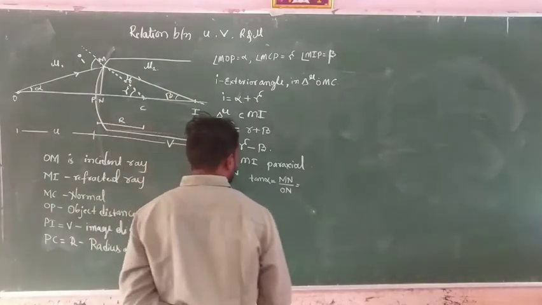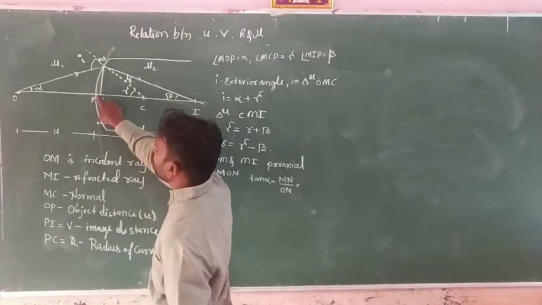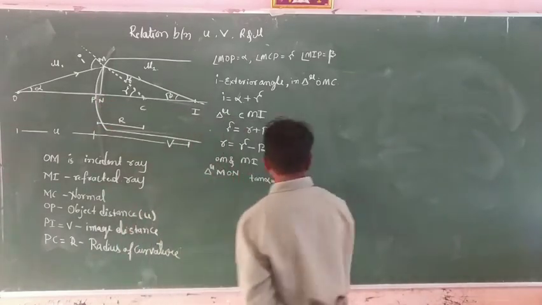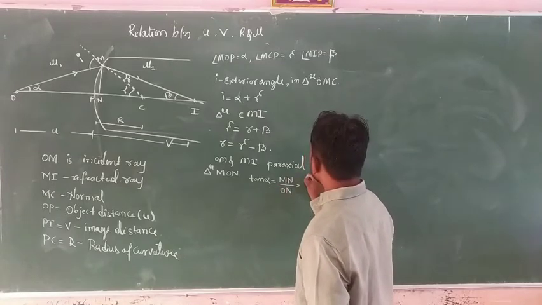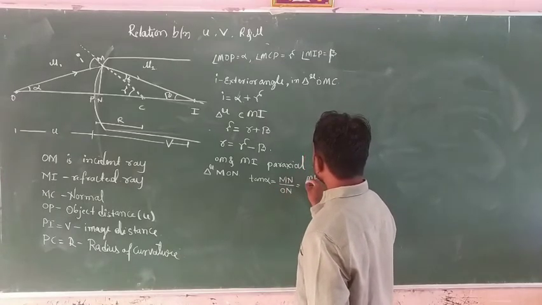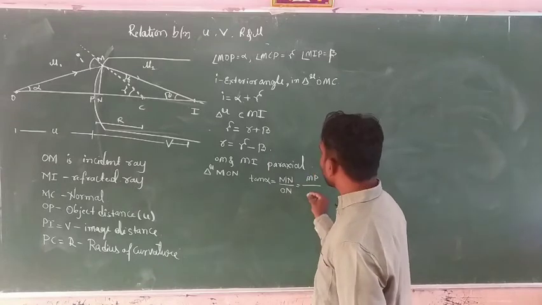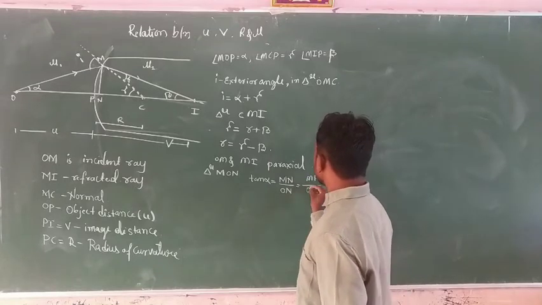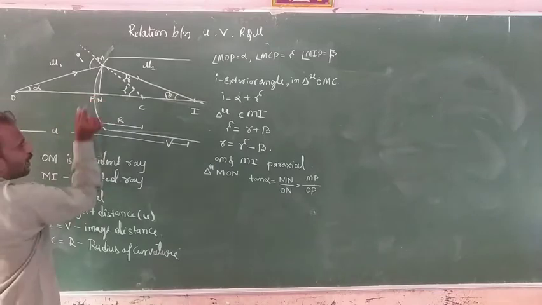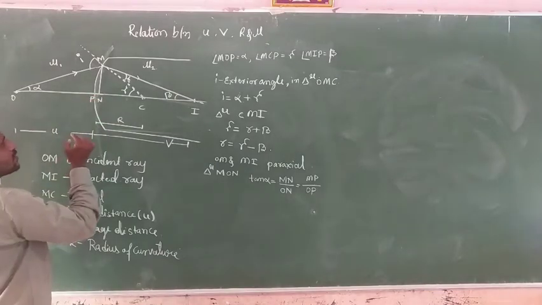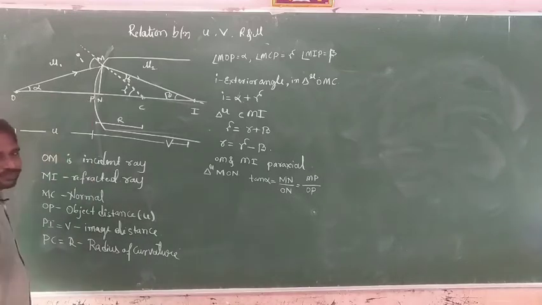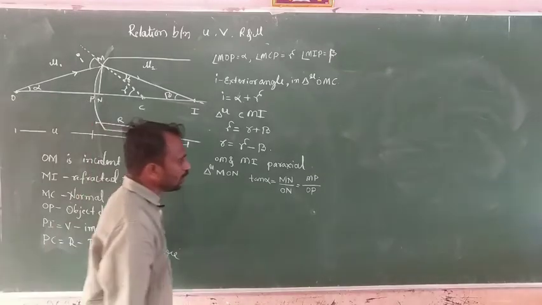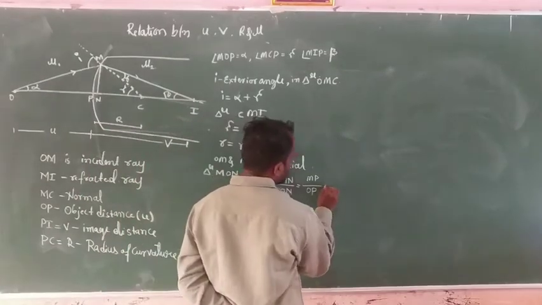Okay, and here ON is a negligible distance, so that's why we consider tan alpha is equal to MP divided by OP. Why? Because this is a very small distance, so ON is nothing but OP.